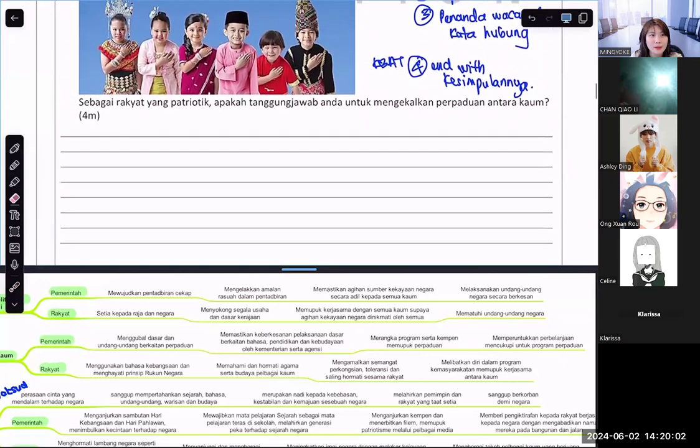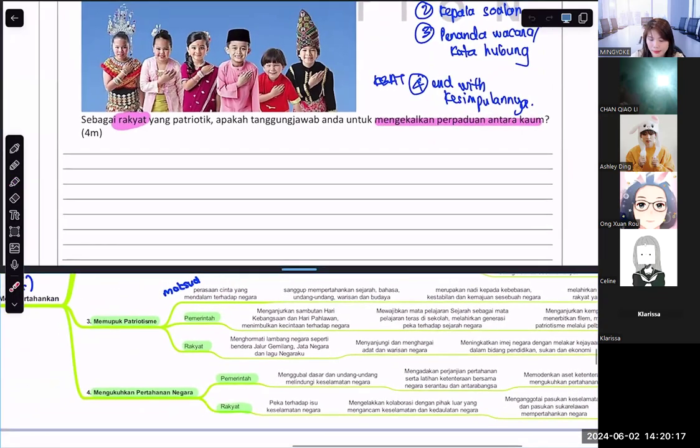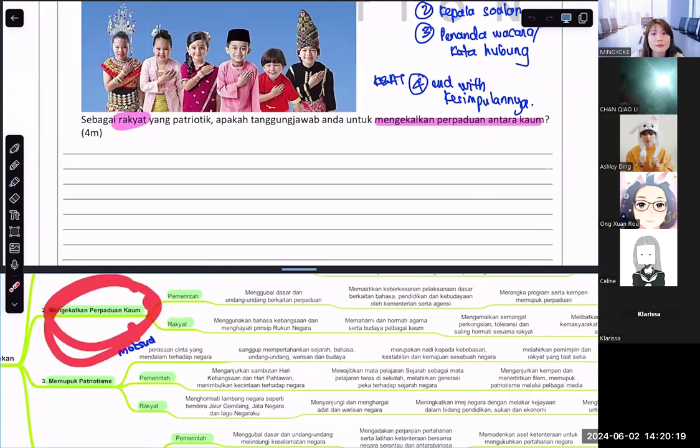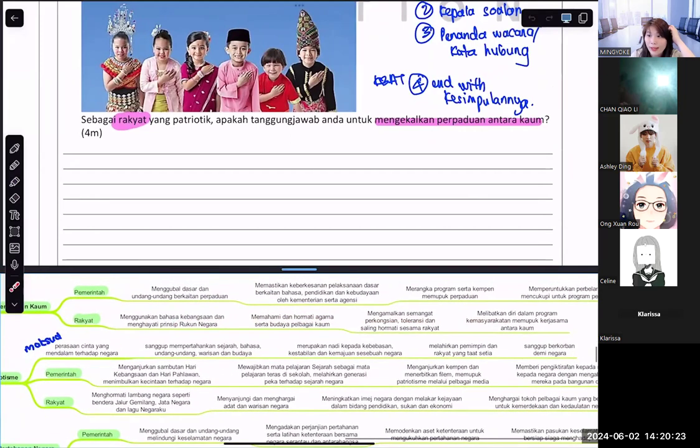Now next, again, sebagai rakyat yang bertanggungjawab. Oh, this one is it kebat? As a rakyat, mengekalkan perpaduan antara kaum. It is here lah. So for rakyat, one is here lah. You see, right?